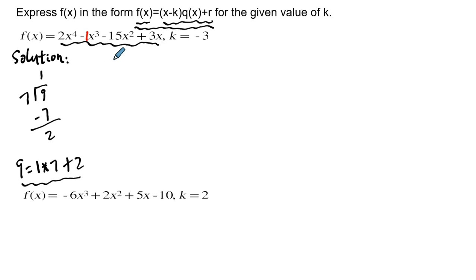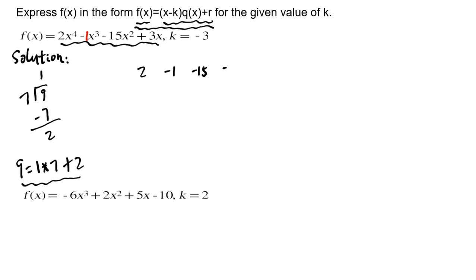For synthetic division, the coefficient of the highest degree 4 is 2. So you have a 2, -1, and then you have a -15.